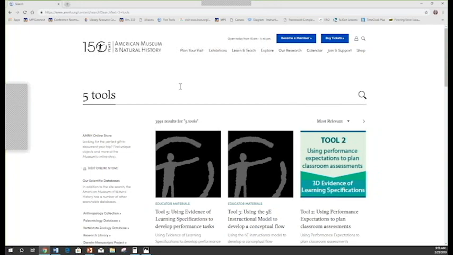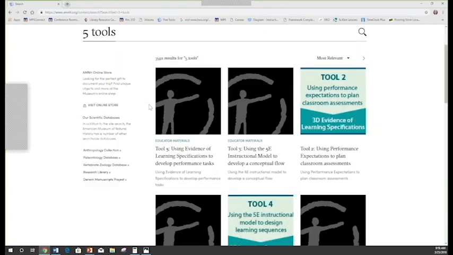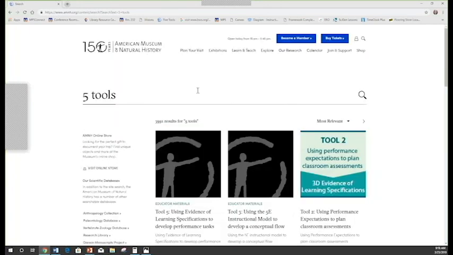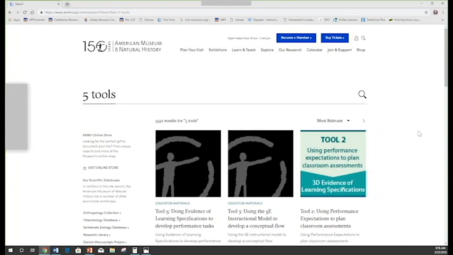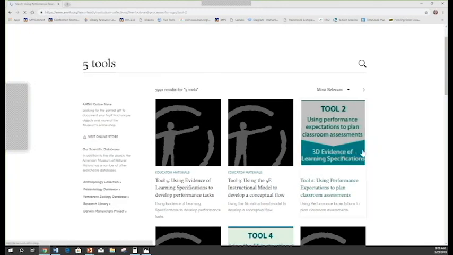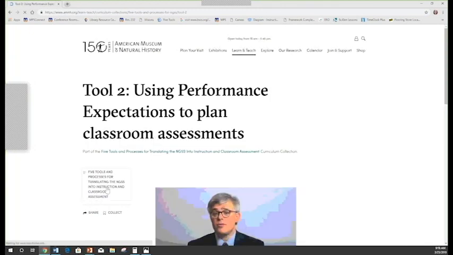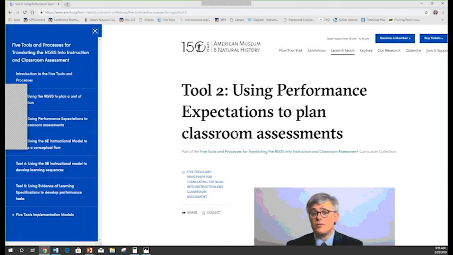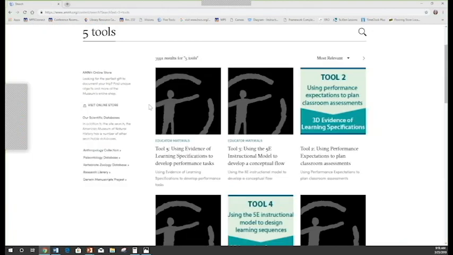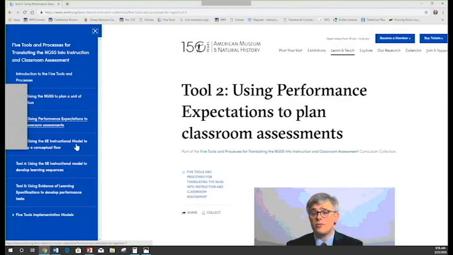The website looks like this. Okay. So when you first log on, you'll see the 5 tools here, and you can see that they have Tool 1, 2, 3, 4, 5 all laid out.